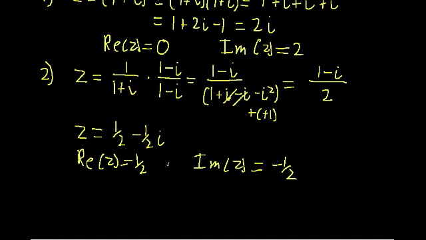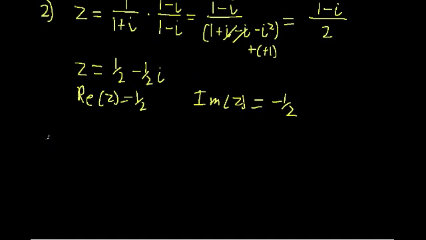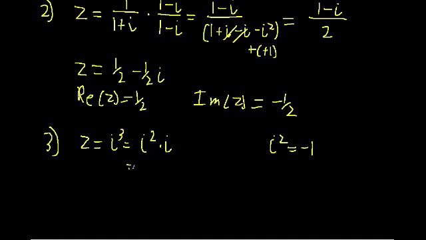Now let's just take a look at one last example. Let's try and see what is the most simplistic form if our complex number is i to the third power. Now, we know that i squared is equal to negative 1. So we can say that i to the third power is the same as i squared times i, which is just negative 1 times i, which is just negative i. And an interesting thing happens if you look at i raised to greater powers.